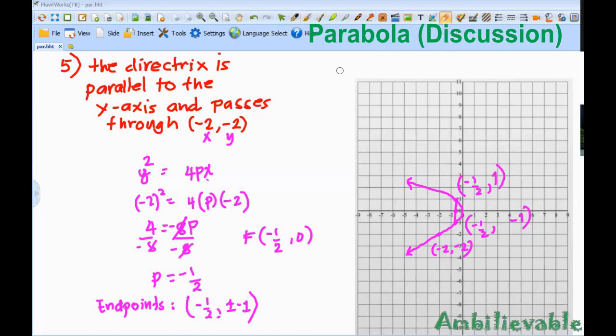Okay? So let's do the pointing system. We have 1 point for this, 1 point for this, 1 point for this, and 2 points for this.